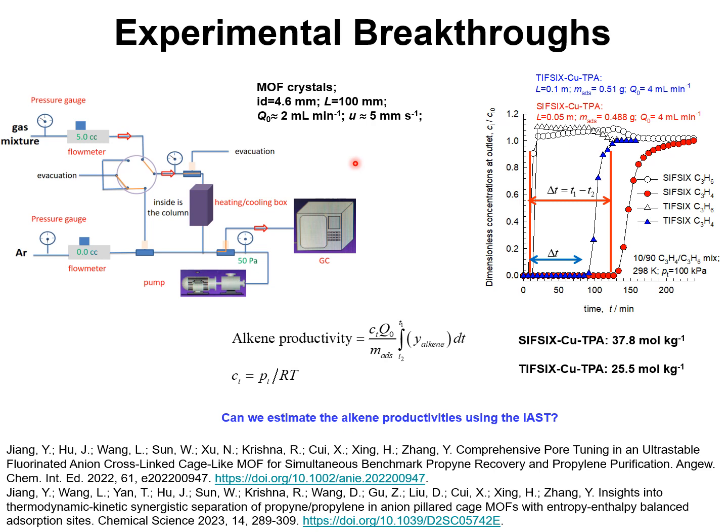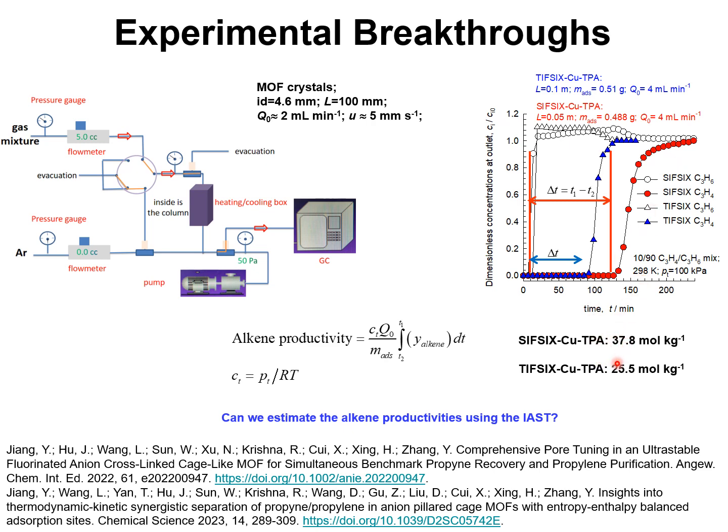To compare the separation performance of different MOFs, breakthrough experiments may be conducted to determine the productivities of the recovered purified product. As an example, I show here experimental breakthroughs for 10/90 mixtures of propyne, component 1, and propene, component 2, at a total pressure of 100 kilopascal and a temperature of 298 Kelvin.